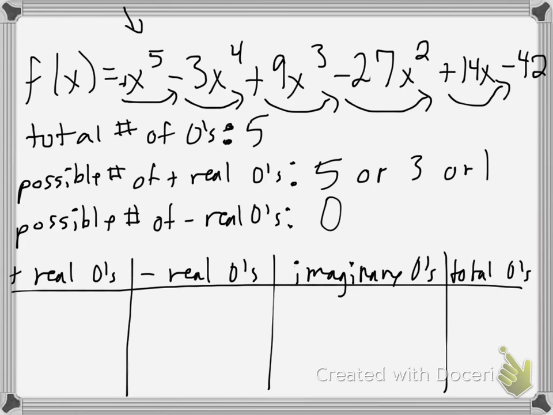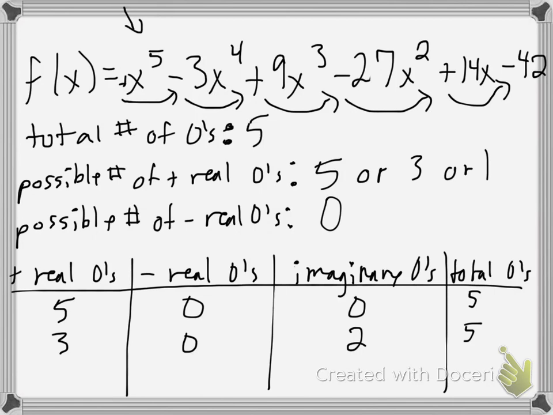So my first possibility for positive real zeros is 5. Once again, I'm not going to have any negative real zeros. Remember, I'm going to have a total of 5 zeros. So that means for this combination, I'd have 0 imaginary zeros. The next possibility of positive real zeros is 3. Once again, I have 0 negative real zeros. So that would mean I would need 2 imaginary zeros there.